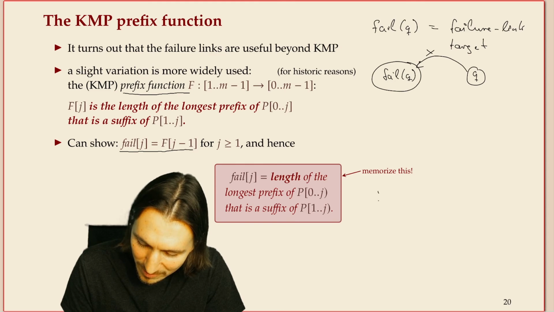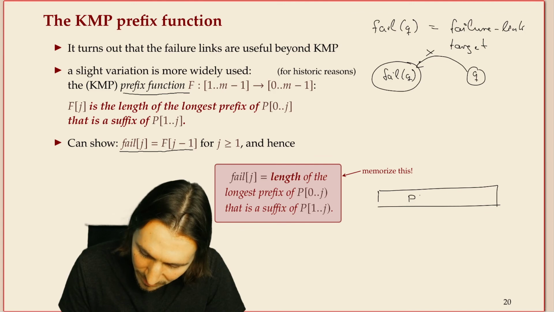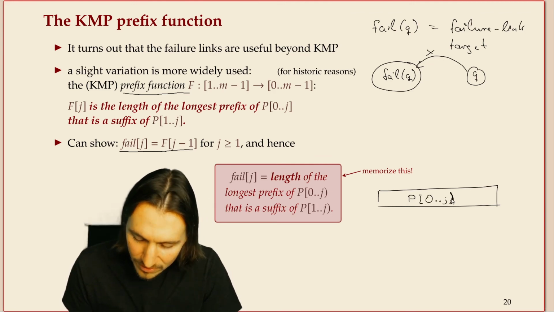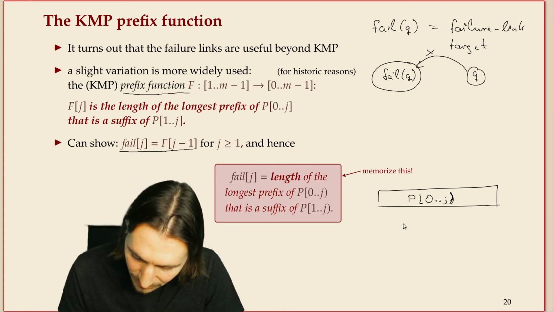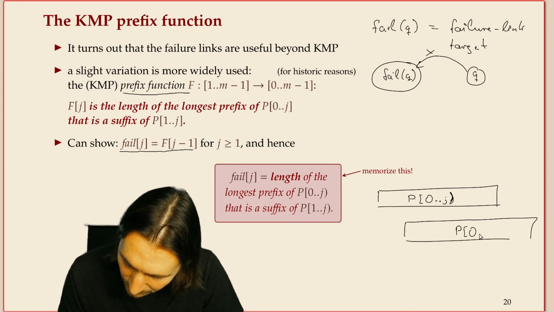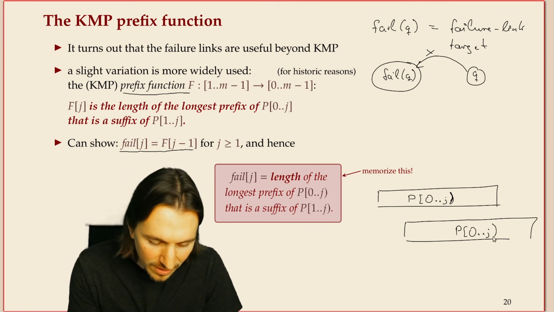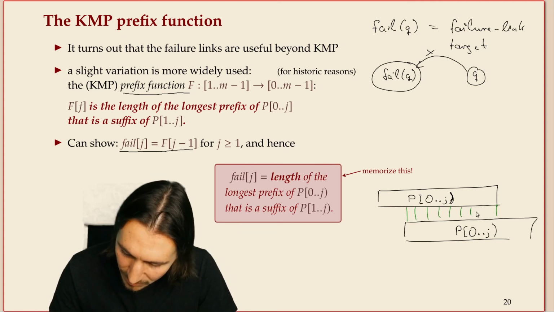Let me draw the picture that belongs to this. Here we have our prefix up to excluding the jth character. And now fail j is the length of the longest prefix. So here's the same thing again, but a bit shifted. Now again, I've drawn this many times, I want these two parts to be equal.